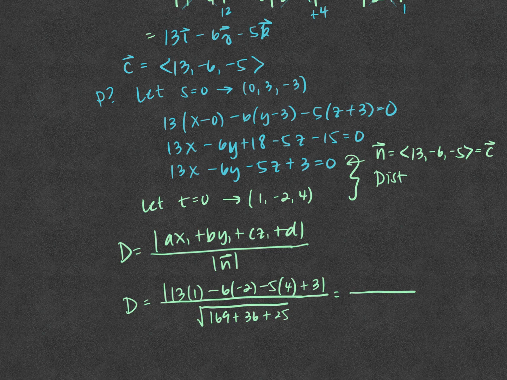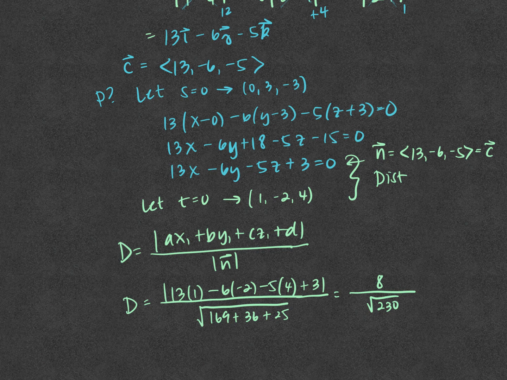On the top, I have 13 plus 12 is 25, minus 20 is 5, plus 3 is 8. And on the bottom, I have the square root of 230. And that is our distance.